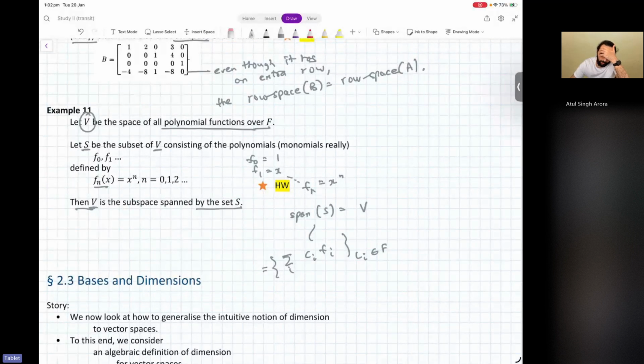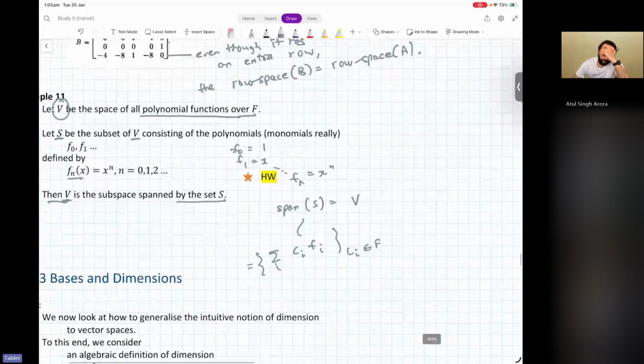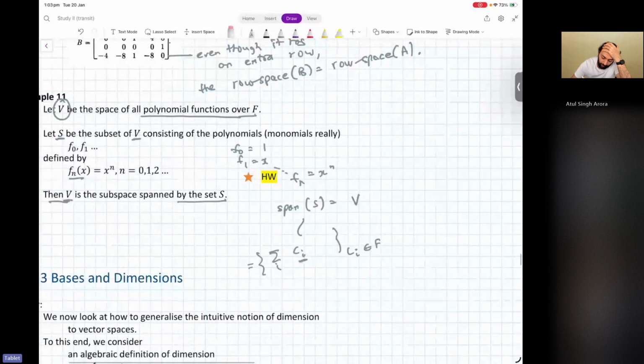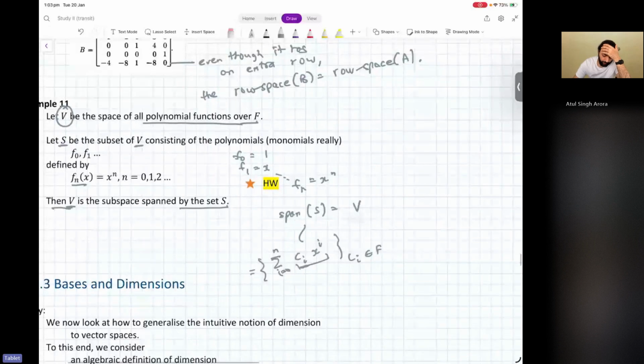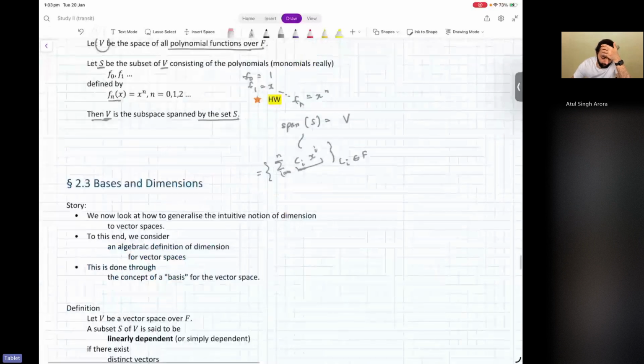These give you all the different functions, and basically this spans all polynomials, because a polynomial is just some coefficients times powers of x. One can be even more explicit: this would just be x to the i, where i goes from 0 to whatever. So that does this part.